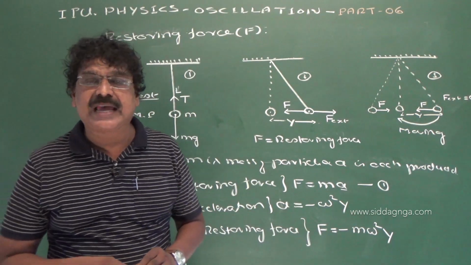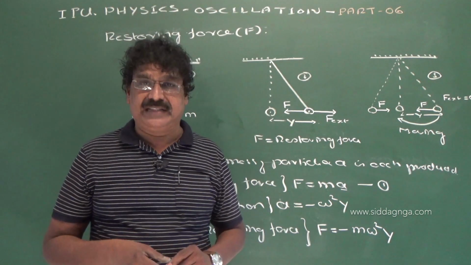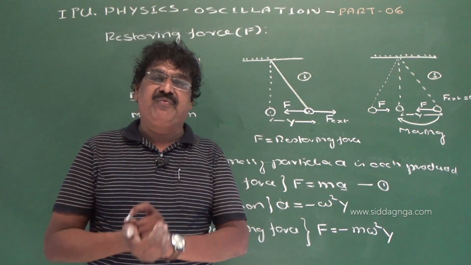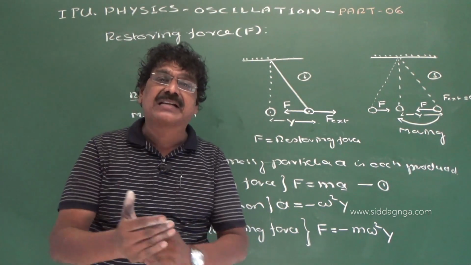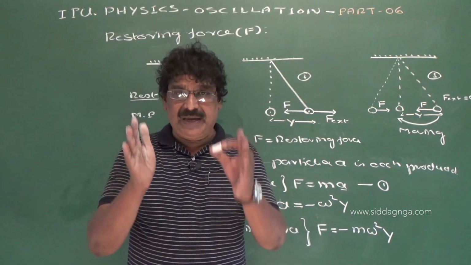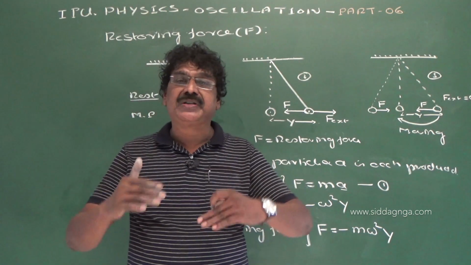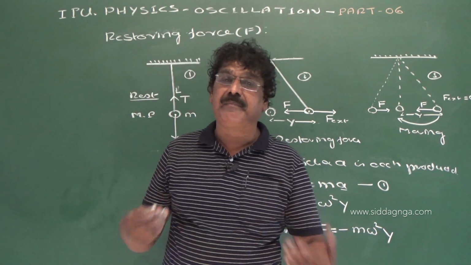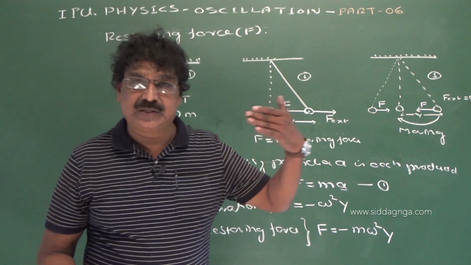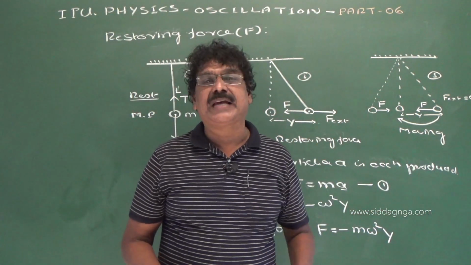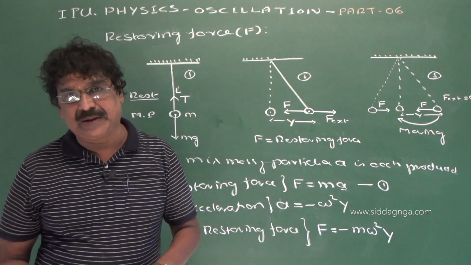This negative sign indicates that the restoring force always acts towards the mean position, irrespective of the position of the particle from the mean position, whether it is on the positive side or the negative side.